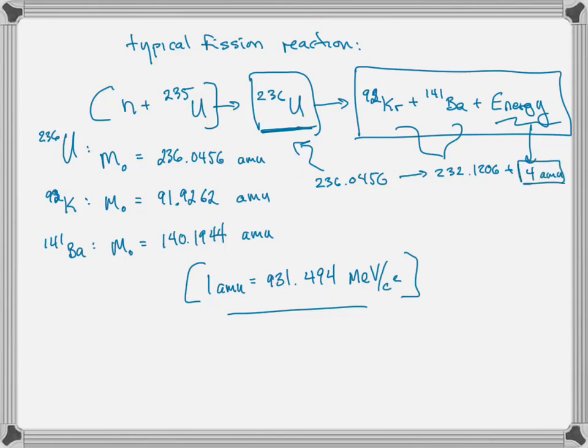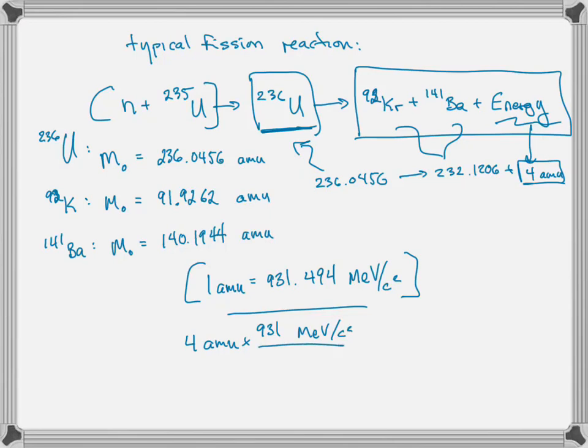So that is how many MeV? The amount of mass that's missing, in MeV per c squared, is 4 AMU times 931 MeV per c squared over AMU. I'm just going to keep to 3 significant digits.